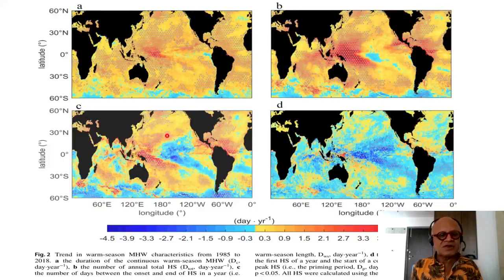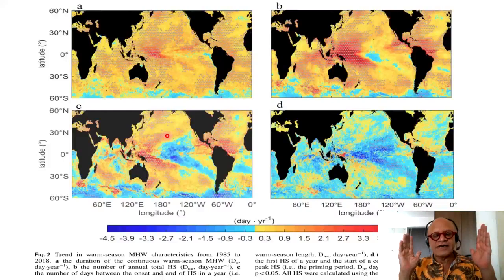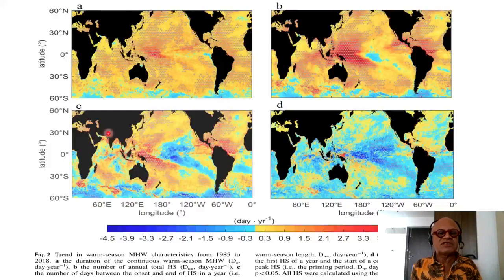And even more interestingly here, C is the number of days between the onset and the end of HS in a year, i.e. the warm season length DWS that we talked about. So you can see that the trend is very mixed here, and it's a large negative trend here, whereas the Western Pacific warm pool retains trends in this as well.